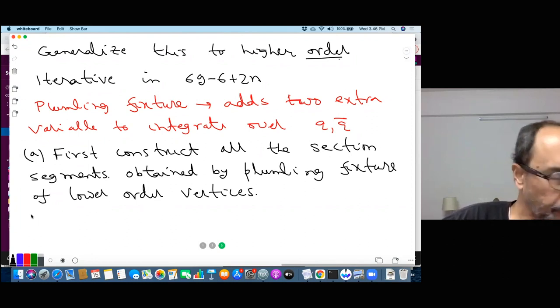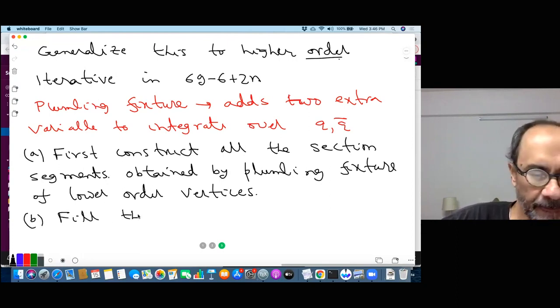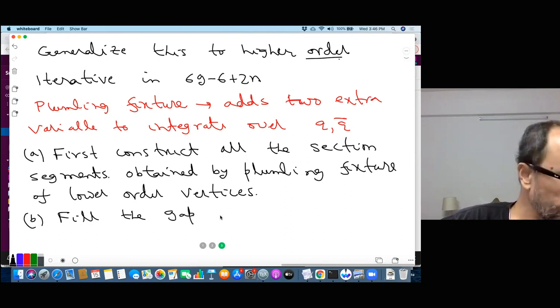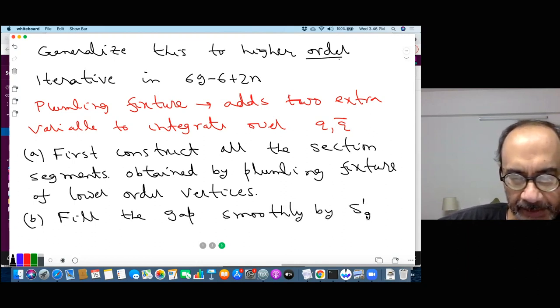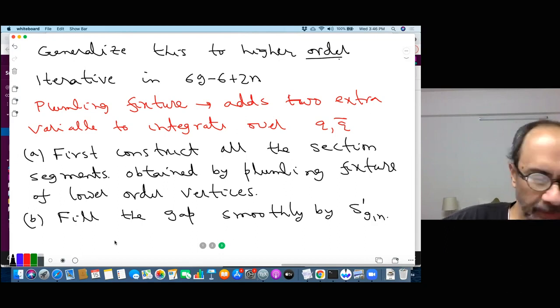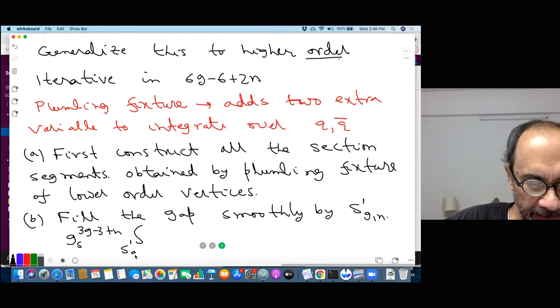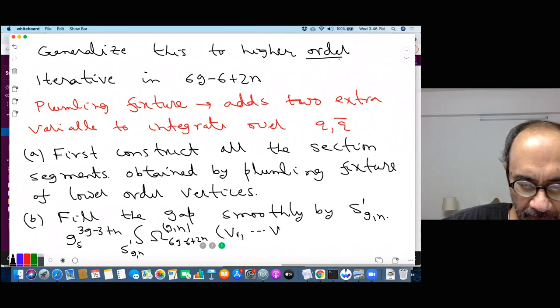And then fill the gap smoothly by S prime Gn. And then you have to give it an interpretation: g_s to the power 3g minus 3 plus n, integral over S prime Gn of omega Gn, degree 6g minus 6 plus 2n, and it will be characterized by, of course, v1 to vn.